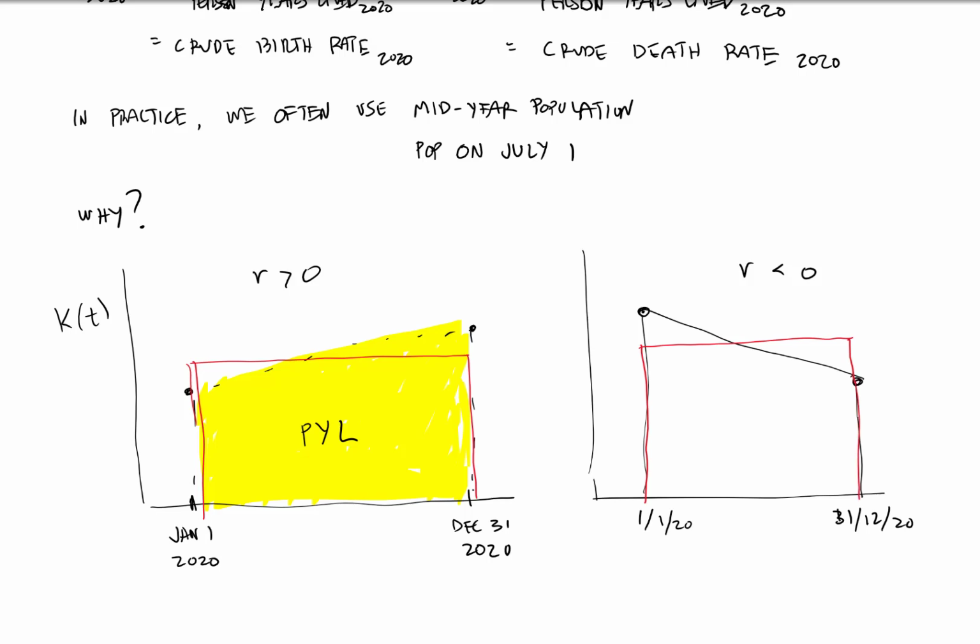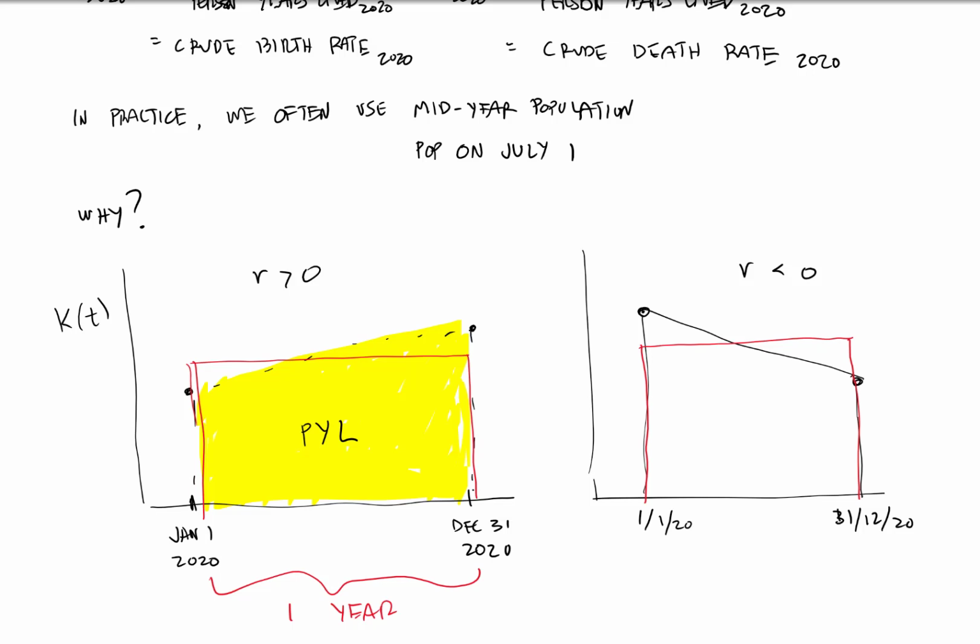Then we could approximate the area underneath the curve over here with this red rectangle. How wide is this rectangle? This rectangle is 1 year wide. How high is it?